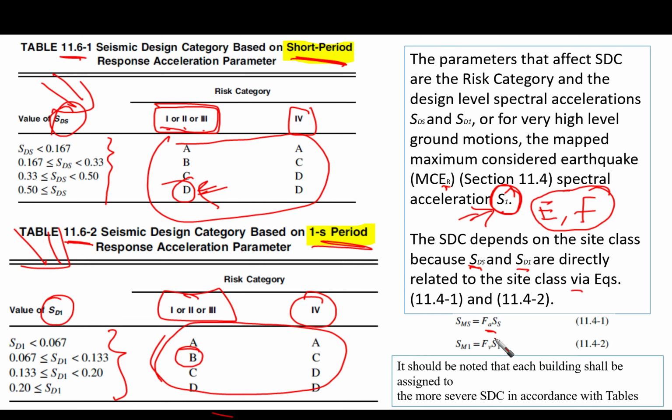Do you remember these equations? Actually, this is not the design, this is the maximum spectral acceleration. This one is the mapped spectral acceleration from the maps directly. It should be noted that each building shall be assigned to the more severe SDC in accordance with the tables. As I said, if you find a D here and B here, then you should use D.